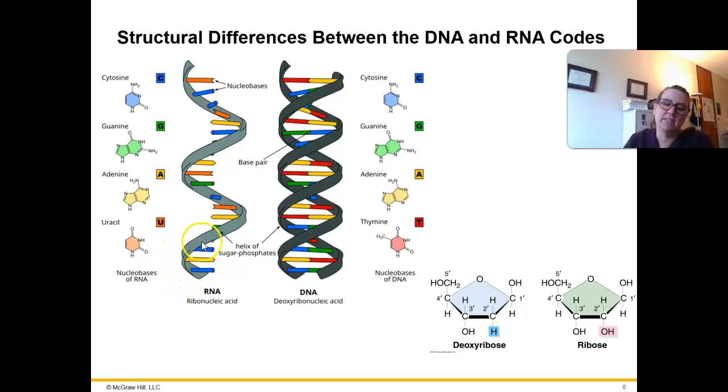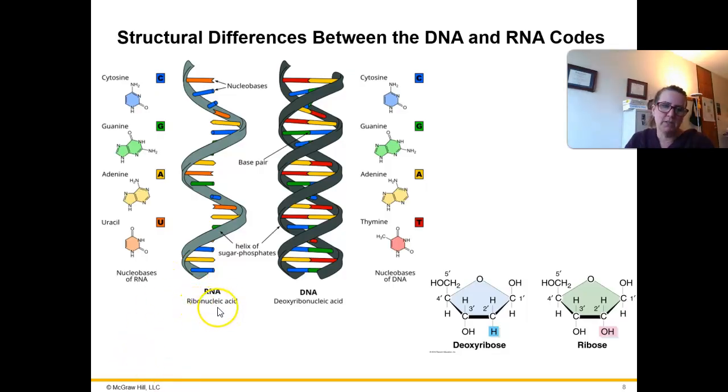So essentially what's going to happen, we'll come back to this, but DNA acts as the ultimate genetic material to make RNA. So we don't need a double helix in RNA. It's not going to stay like this for very long. It's going to be made into proteins. So just remember, DNA makes RNA, RNA makes proteins, and we'll come back to that.